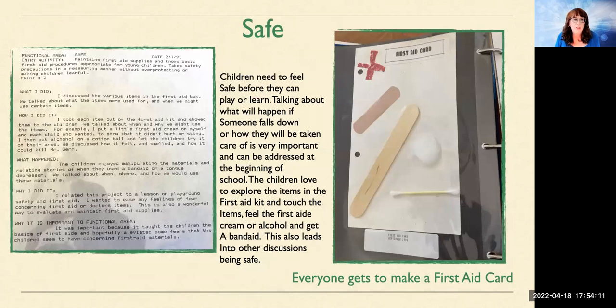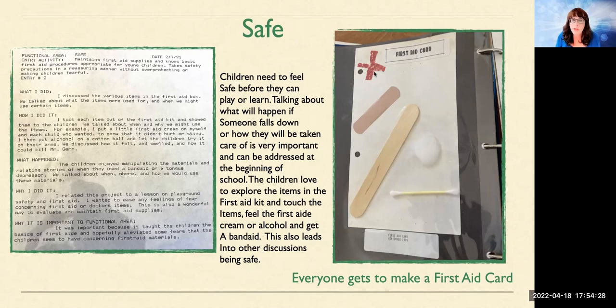Here's more on safety. Teaching children about safety is very important, especially in the beginning of school, teaching them that they can walk instead of run, that they be careful with objects such as crayons or paintbrushes, things like that.